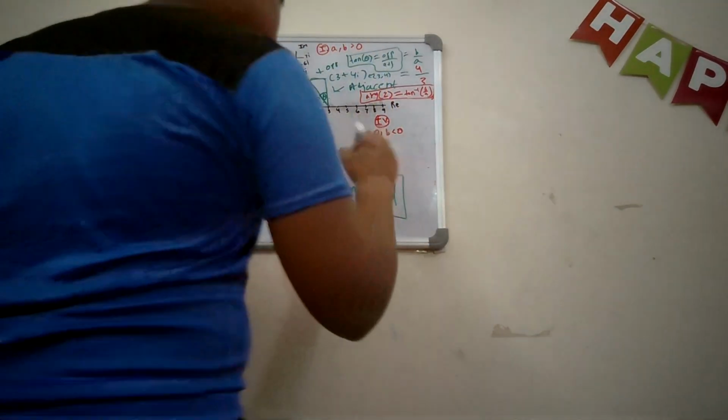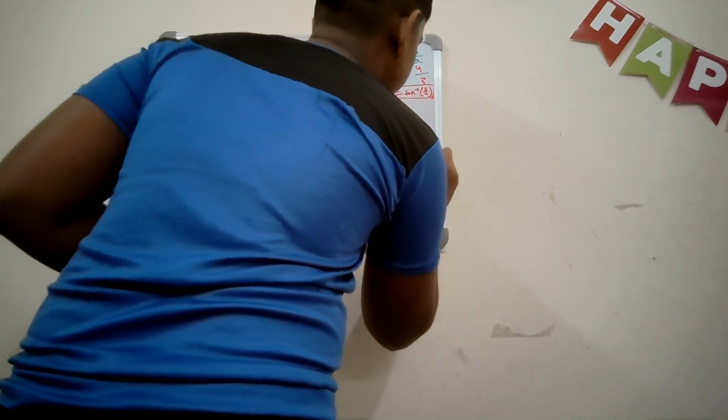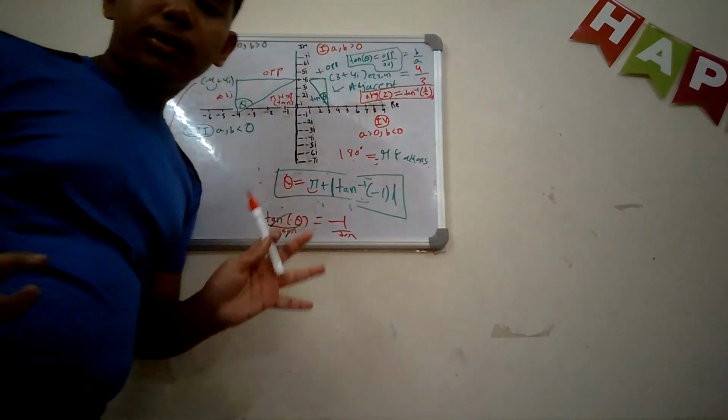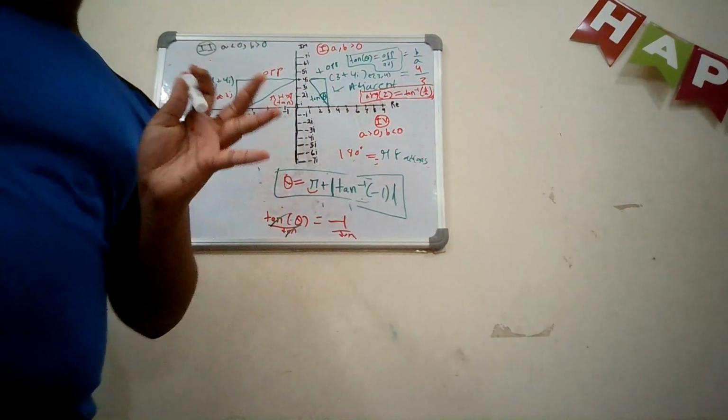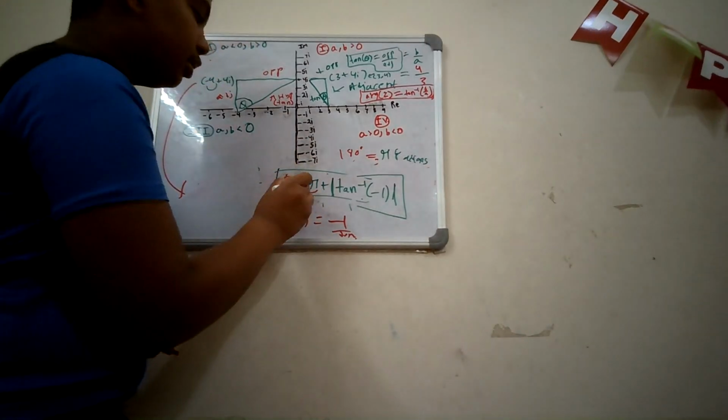So what happens is, as I told you in my community post, the standard way to express the argument is in radians. So that's why we don't have to add any unit after pi.